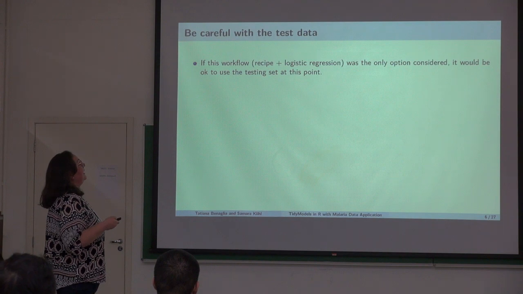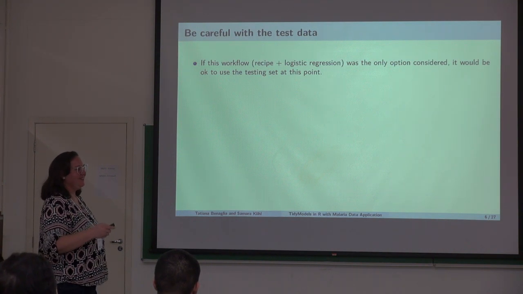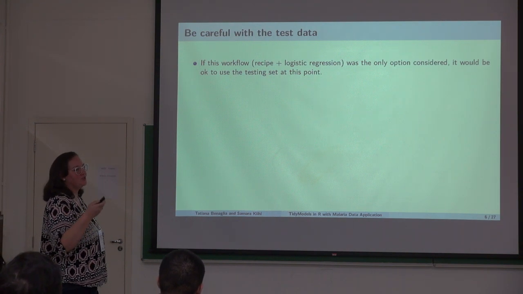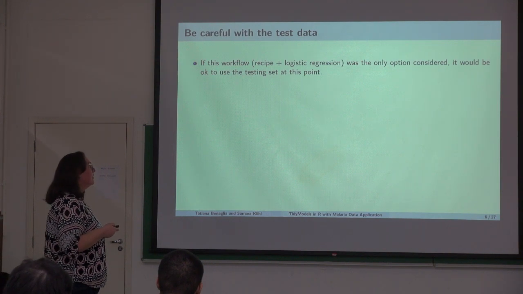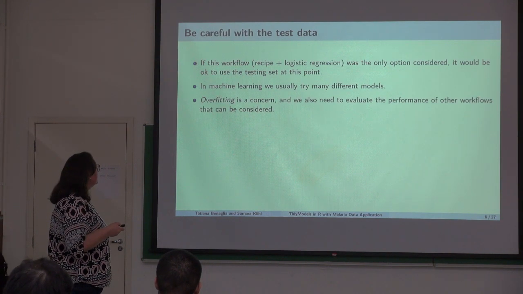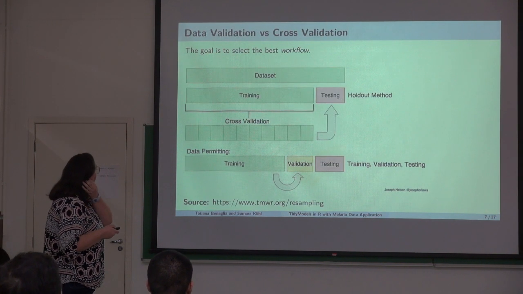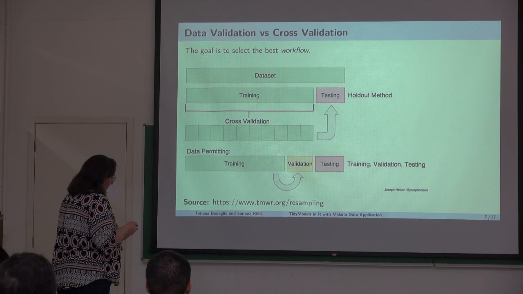So we're not going to use the test set until we already know what the best model is. So how are we going to choose the best model without using the test set? We're going to use cross-validation.